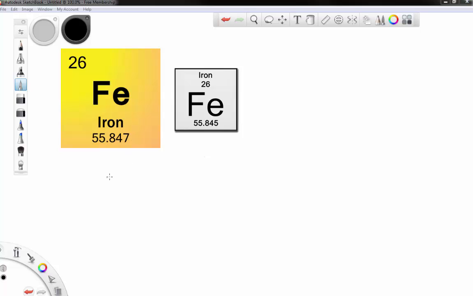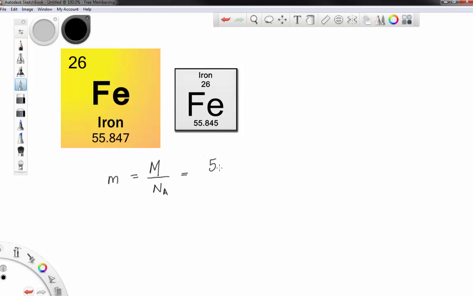Alright, so what we can do, for example, is say that the mass of an individual iron atom is given by the molar mass, which often is represented by a big M, divided by Avogadro's number, just like what we did with the hydrogen in the previous example.